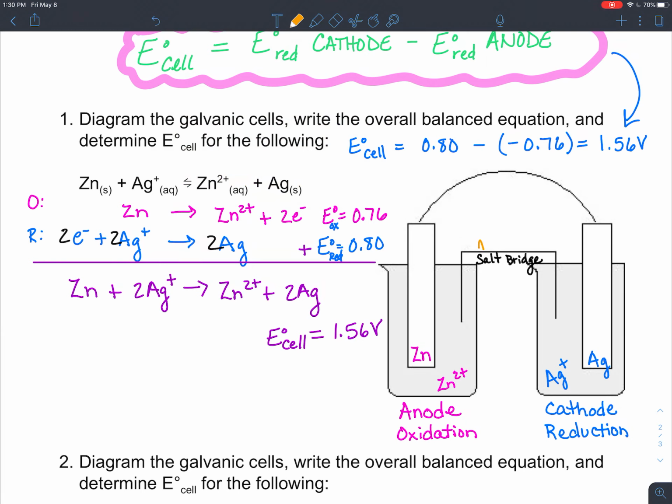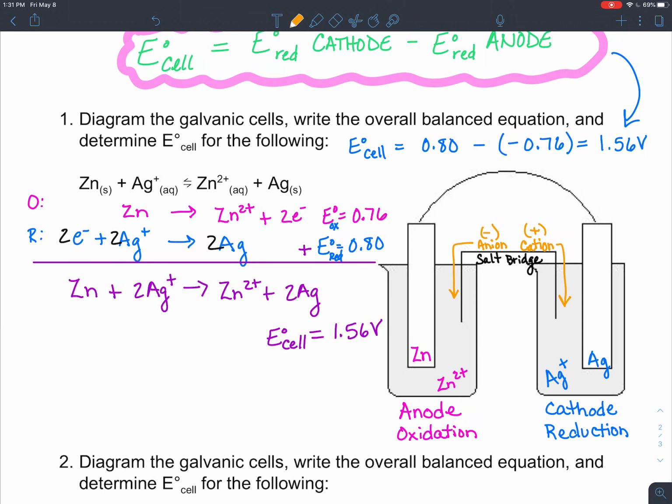Oftentimes we are asked which directions things go, so remember that the anion is going to go towards the anode solution, and the cation is going to go towards the cathode solution.